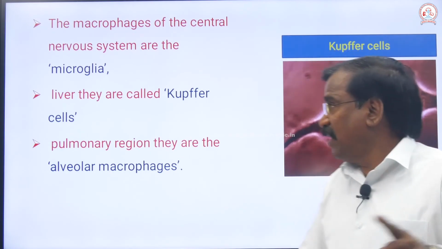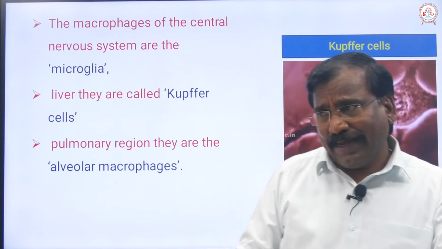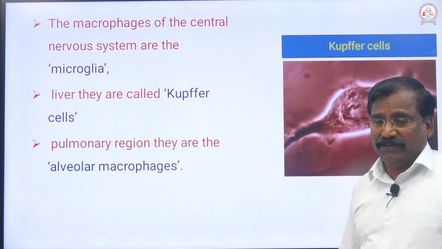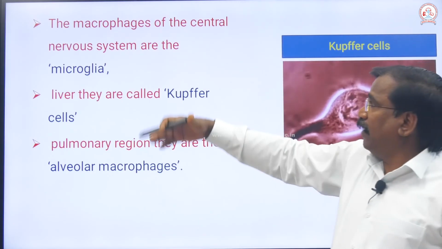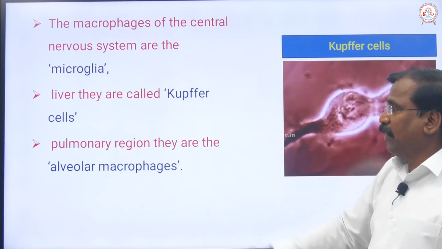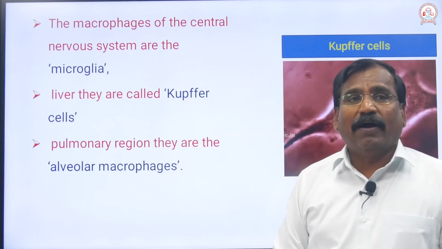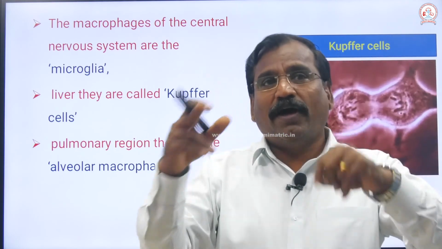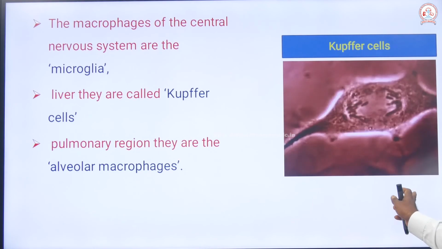This is important from the MCQ point of view. So microglia in the central nervous system, Kupffer cells in the liver, and alveolar macrophages in the lungs.